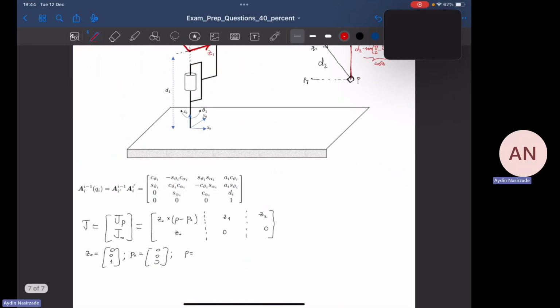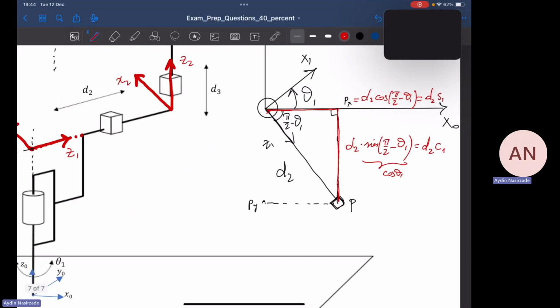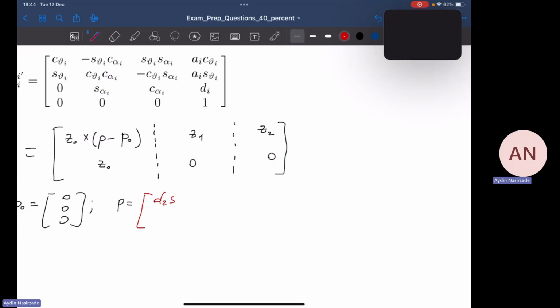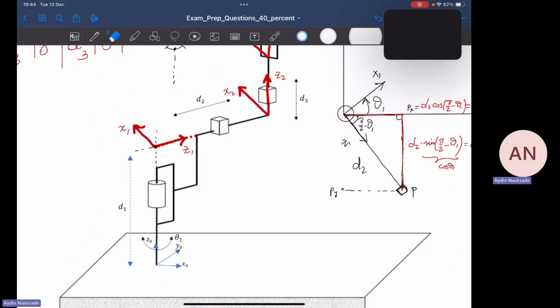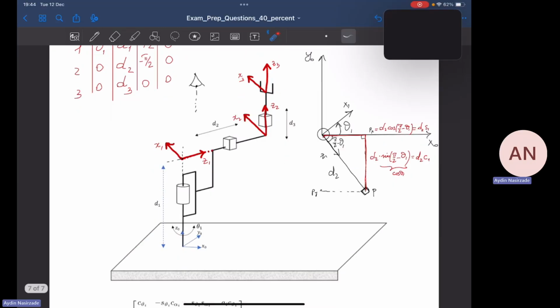So Px is d2 sine of theta 1, and Py is minus d2 times cosine of theta 1. And what about pz? Can I see it from here? pz is right here. This is the z0 axis.